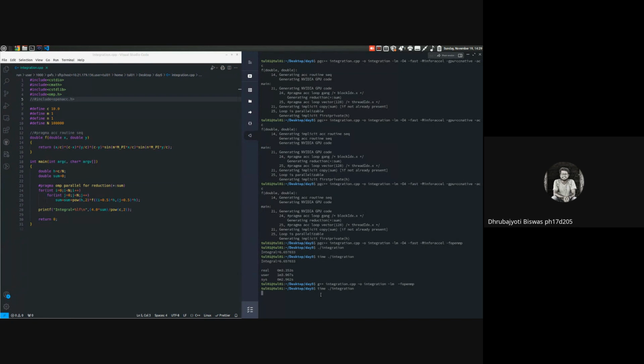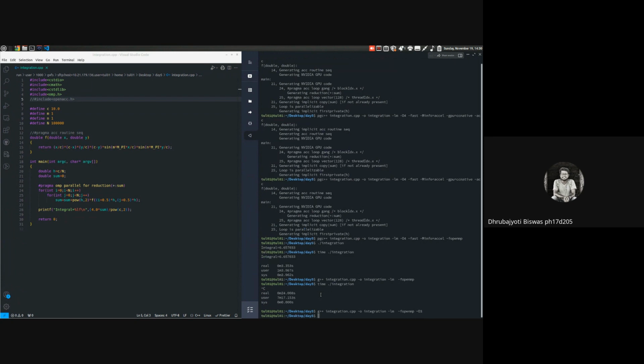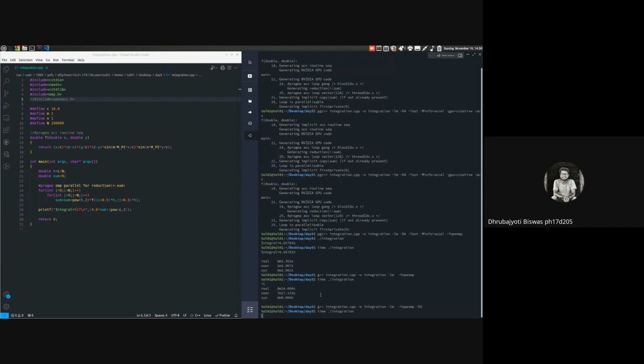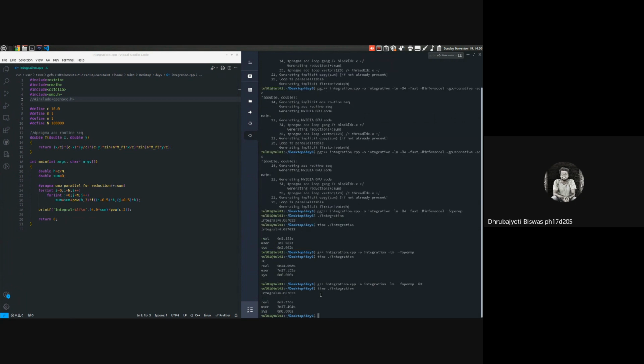It is quite a bit slower, it seems. I think I have to put in some optimization flags. I had used O3 there. Let's see. Yeah, it is taking around 7 seconds.